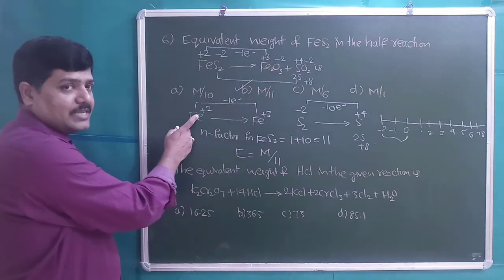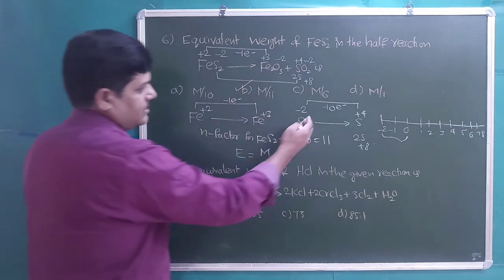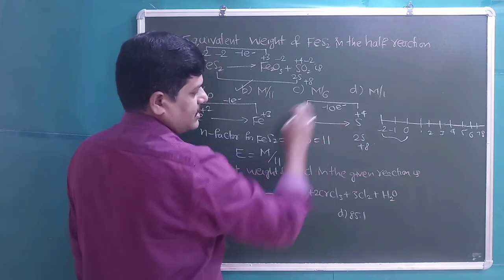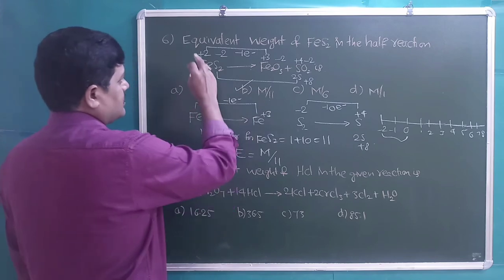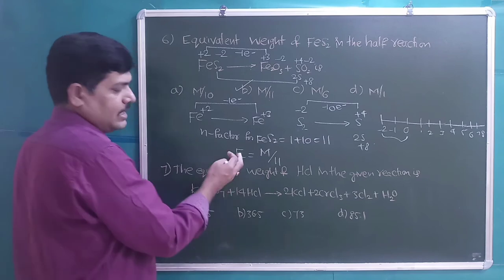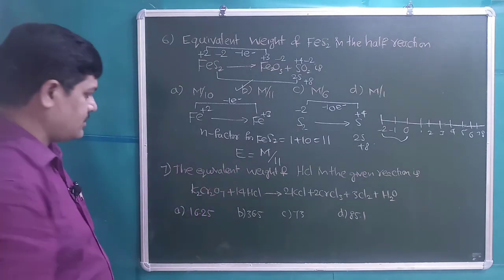For Fe, +2 to +3 is by losing 1 electron. For S2, -2 to +8 is possible when it loses 10 electrons. So the total overall N factor for FeS2 is 1 plus 10, which is 11. Equivalent weight is molecular mass divided by N factor, M by 11.